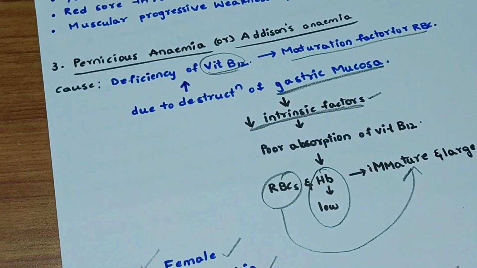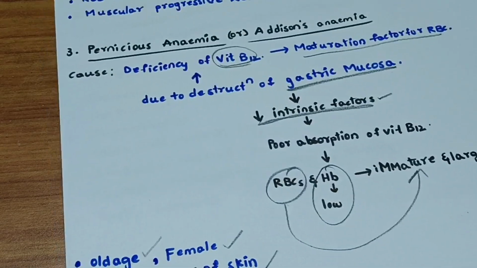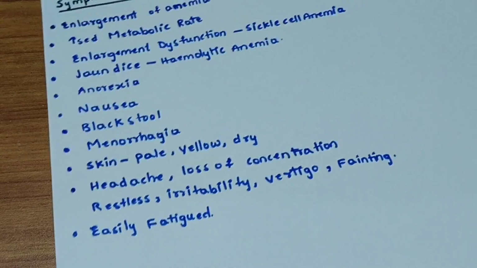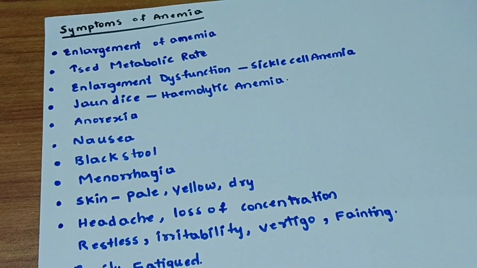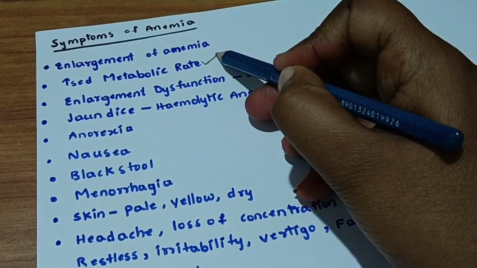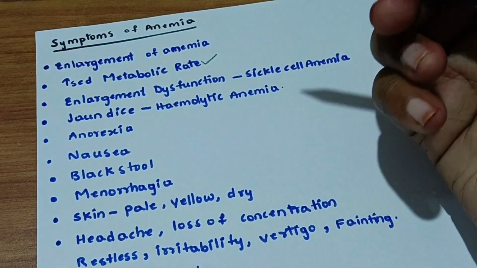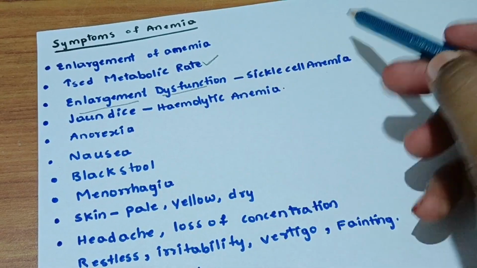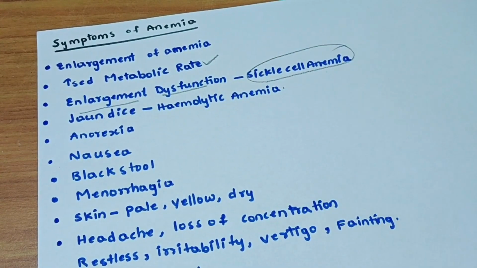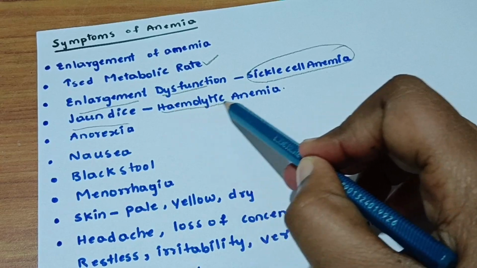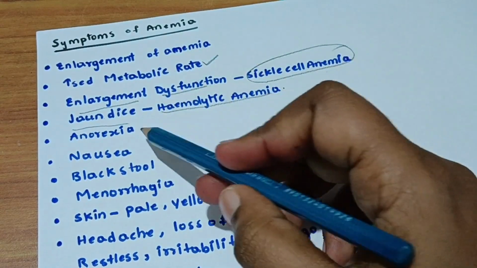Now, let's see the overall symptoms. These are the common symptoms in any type of anemia. There will be increased metabolic rate, and enlargement and dysfunction in case of sickle cell anemia. Jaundice occurs in case of hemolytic anemia.